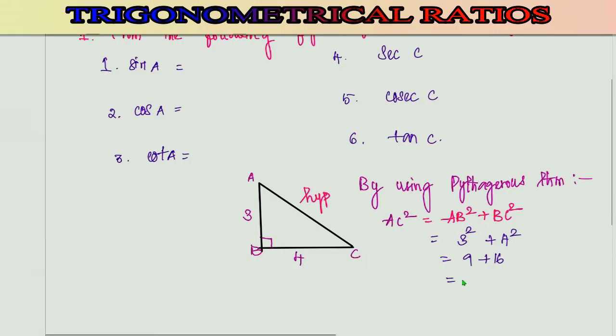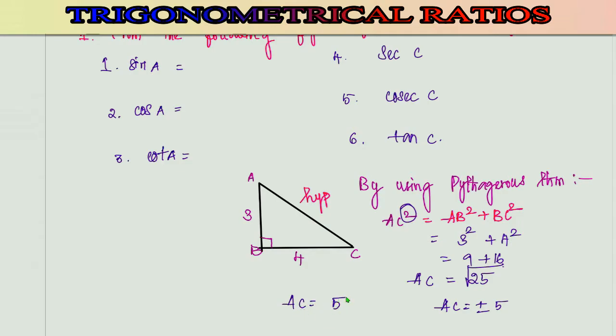So you will get 16 plus 9, it is 25. This is AC square. When you shift the square to the opposite side, here it will become square root. So we got AC is equal to plus or minus 5. We need to take always a positive as a length. So AC is equal to plus 5 I am going to consider. So we found this is 5.